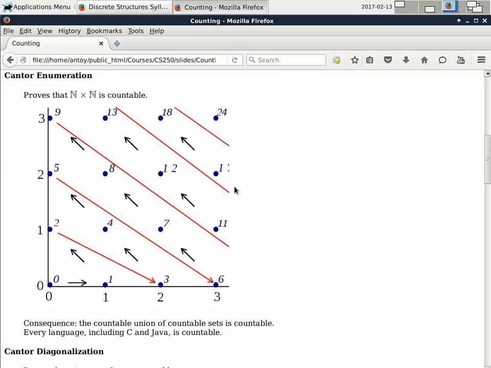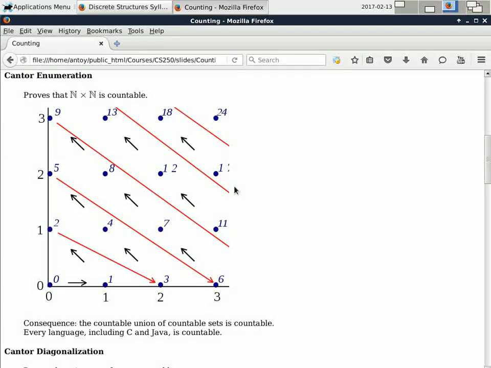And so we saw that some sets, like all the pairs, you can write them one after another, and so it's countably infinite. C programs, you can write all the C programs one after another, so it's countable. So the question is, is there anything that is not countable?